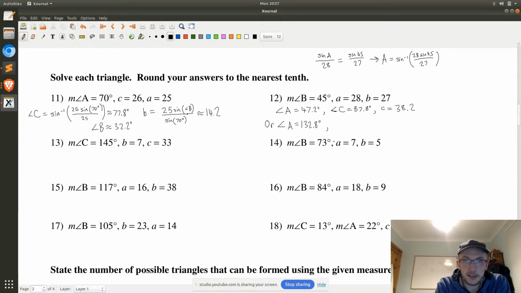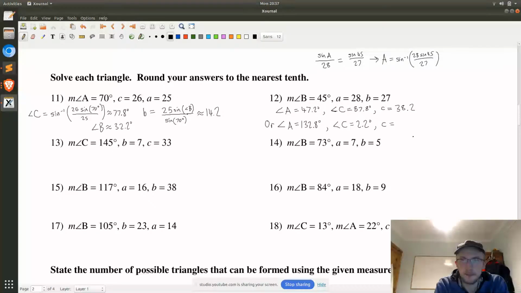Then angle C becomes 180, take away that answer that we just obtained, plus 45. So like an incredibly tiny angle. .2 degrees, but it's still an angle. And the length of side C becomes what?